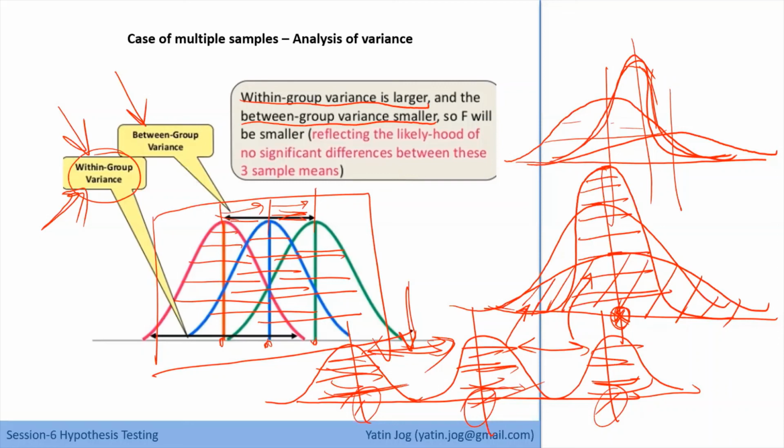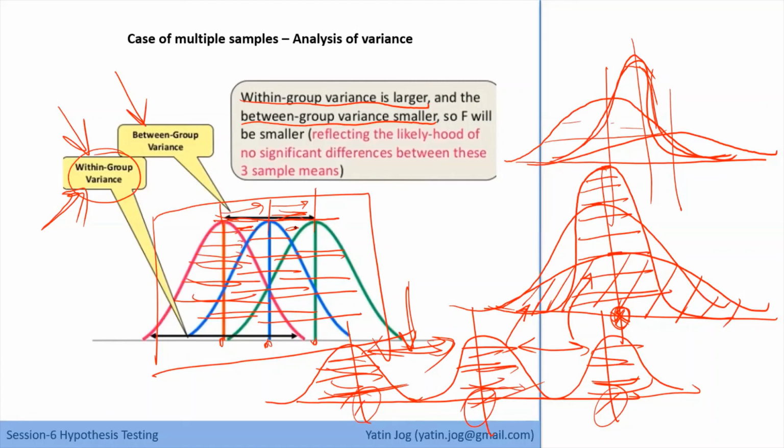So at the end, what you have to remember is, if I want 3 distributions to have similar behavior, those 3 distributions should be almost overlapping each other. And to have them almost overlapping, they have to have the same height. That means their internal distribution has to be the same, and they should be very close to each other. That means their between group variance has to be very small.